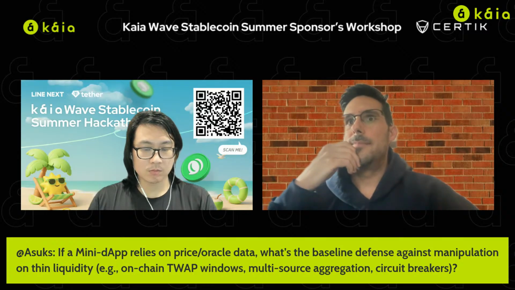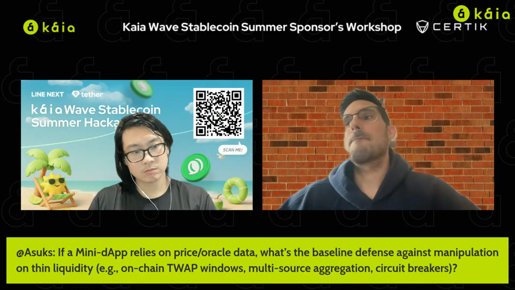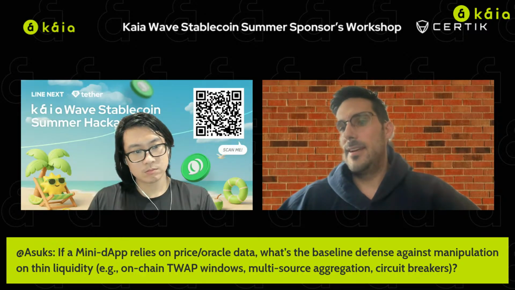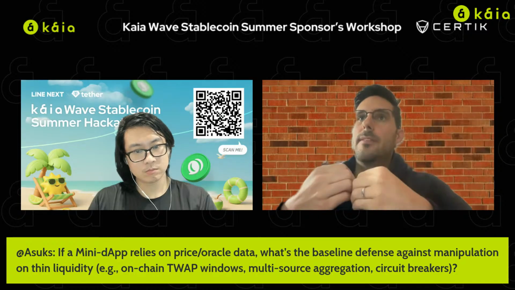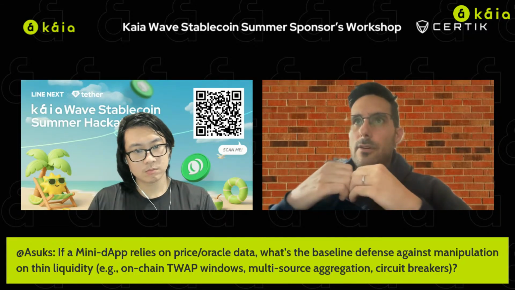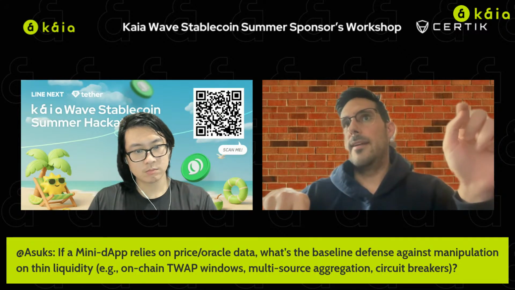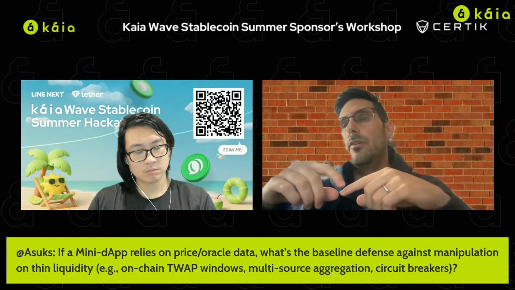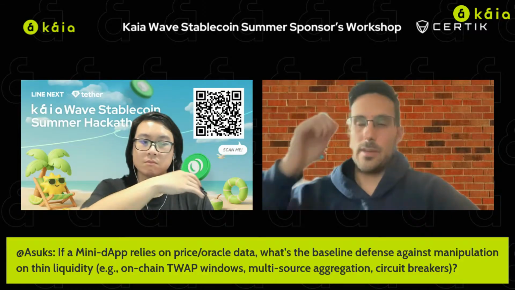So the baseline, I would say, is that first the developers, or the logic of the backend, should validate the data on chain first, and then implement or execute all the changes on chain.